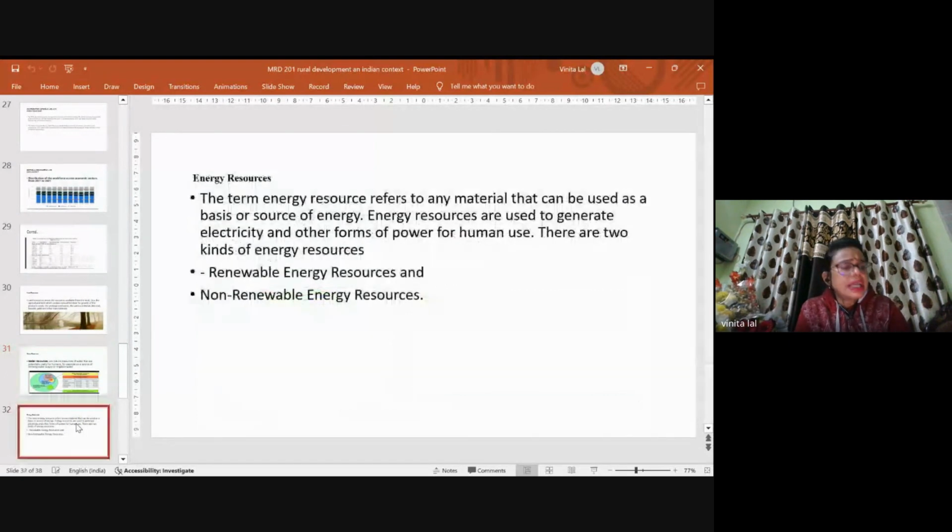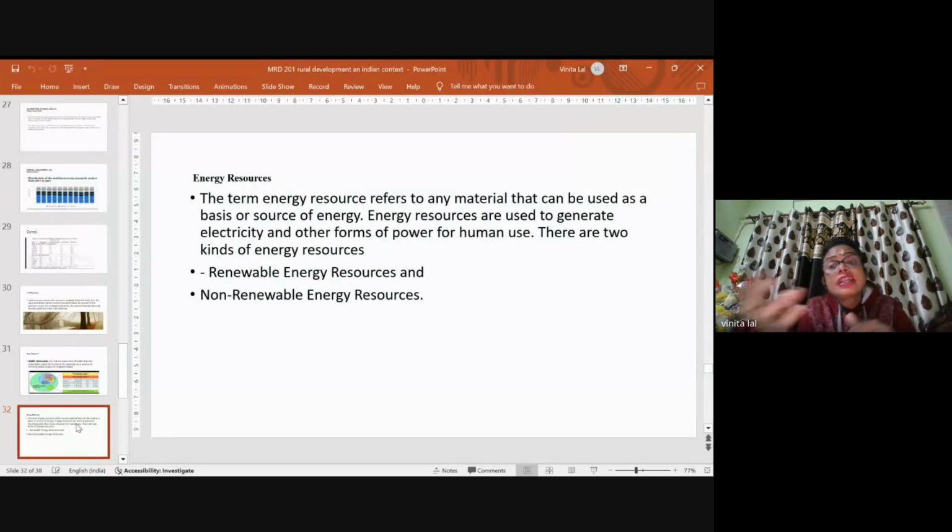Now come to the energy resource, which is also very important. The term energy resource means any material that can be used as a basis of energy. We have two types of energy resource, renewable and non-renewable, and non-renewable energy resources currently dominate the market.